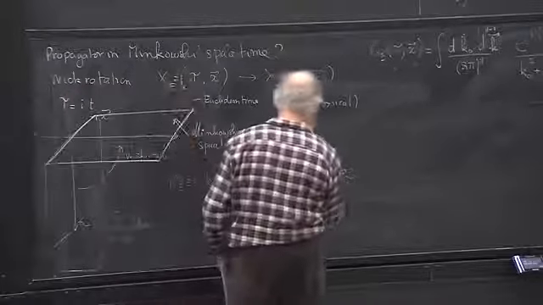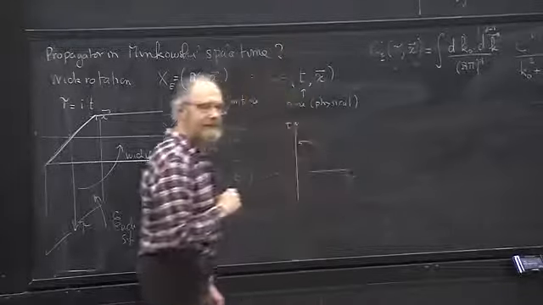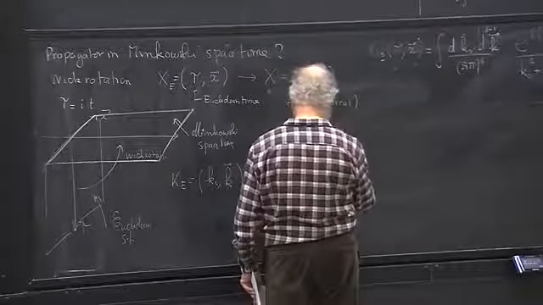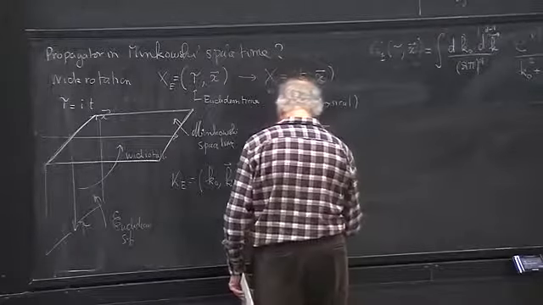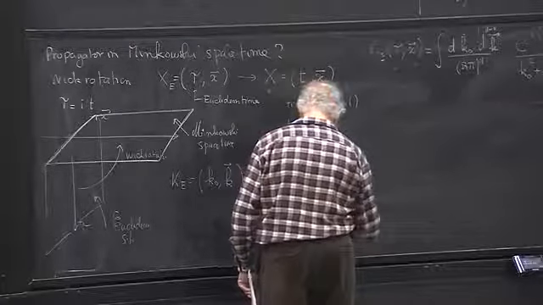So I want to go from tau to t. I make a rotation by an angle plus pi over 2. This is a Wick rotation. Okay?